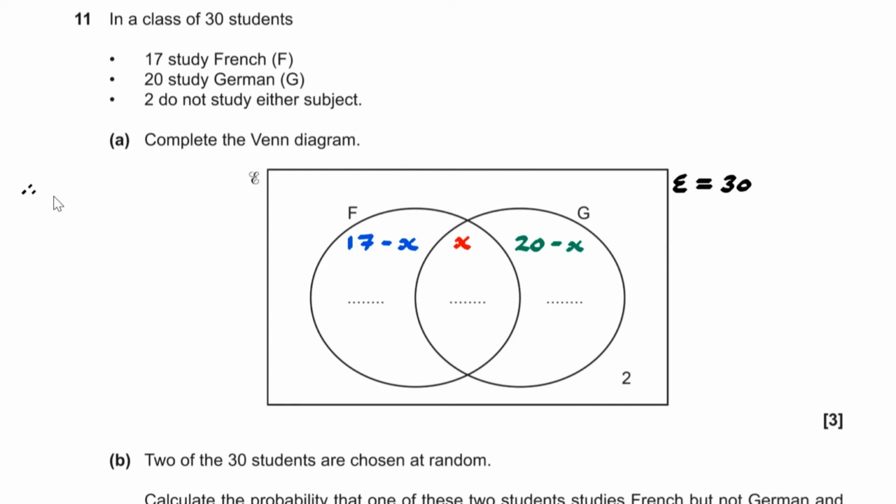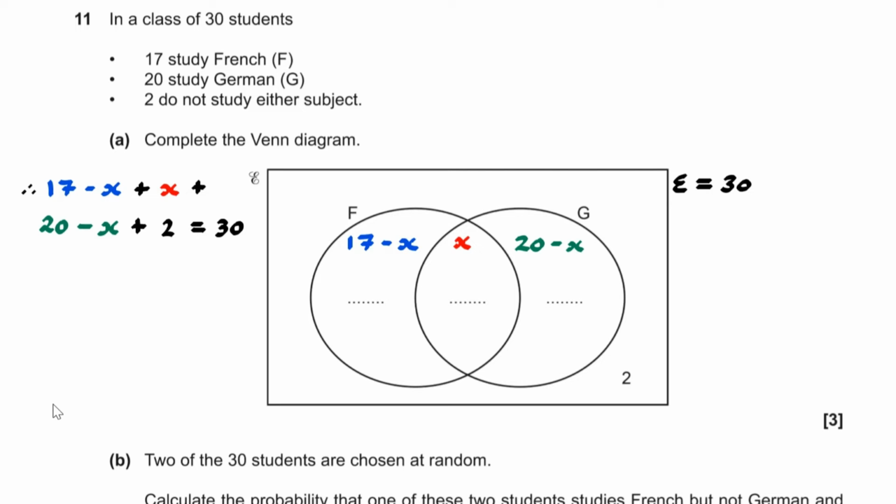With this, we can form an equation. So we have 17 subtract x plus x plus the 20 subtract x plus this 2. The result of this is equal to 30.